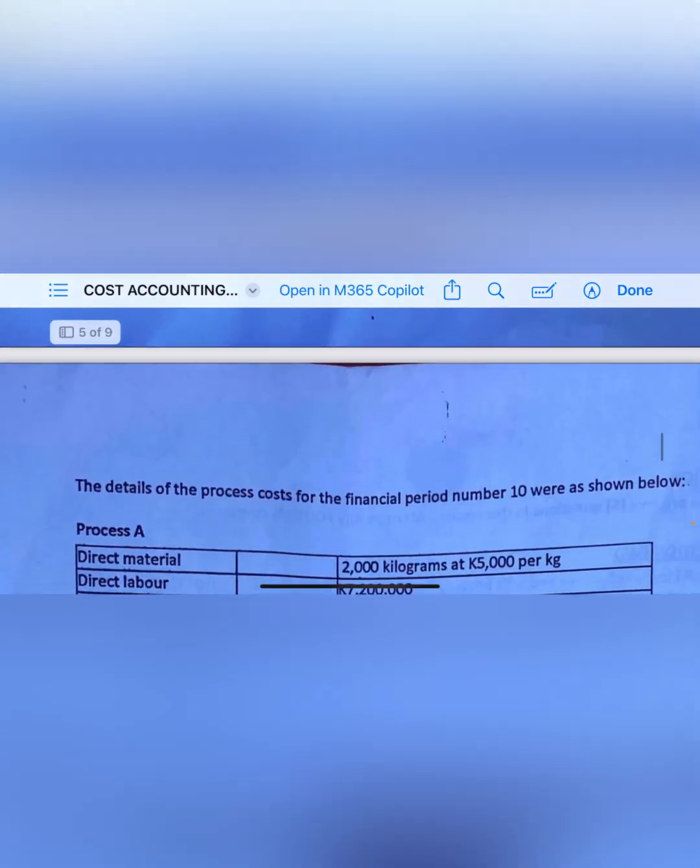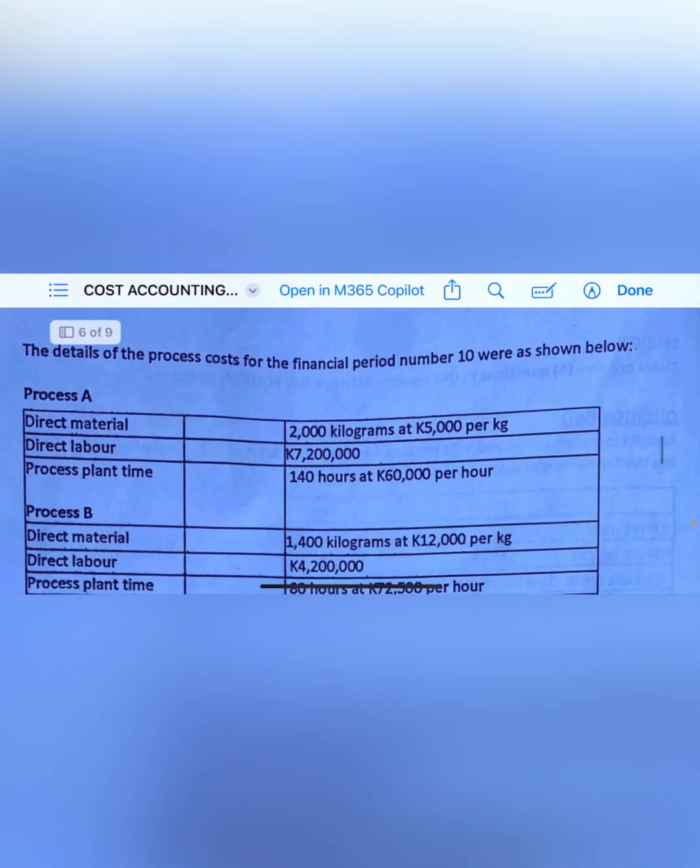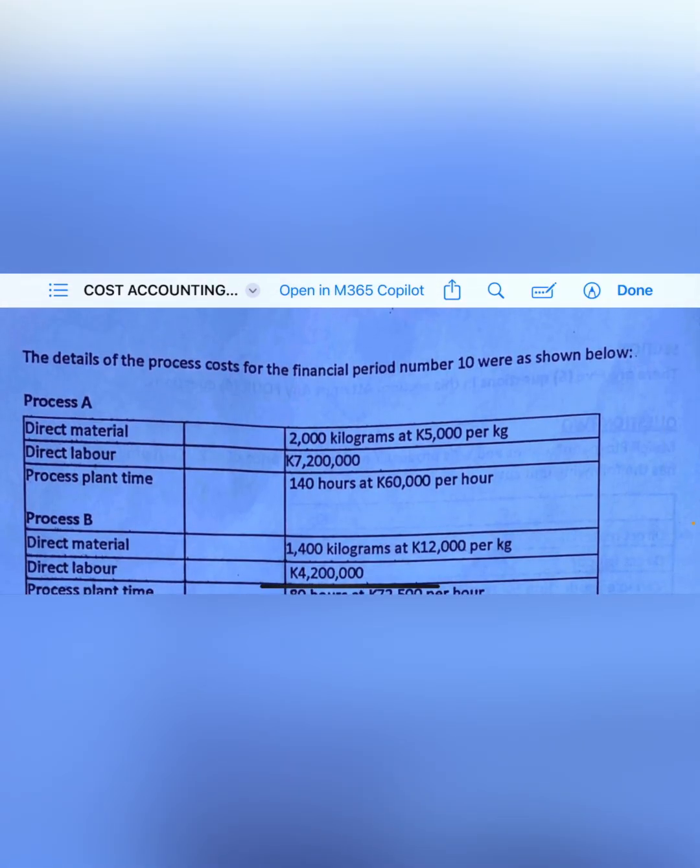So the question continues by saying, the details of the process cost for the financial period number 10 were as shown below. So we have process A. The material that was used, which is direct material for process A, is 2,000 kilograms at 5,000 kwacha per kg. So when you want to find the total material that was used, we'll just multiply 2,000 kg by 5,000.